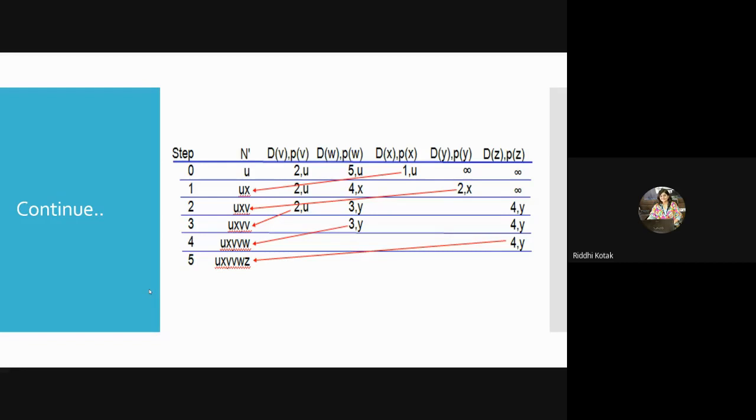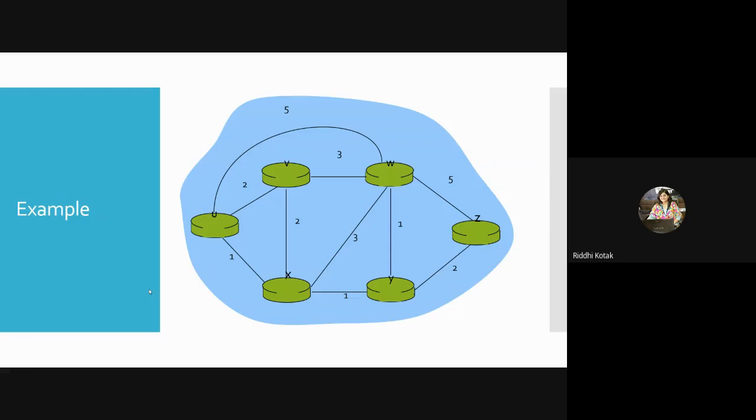So your next node is X. Add X in N dash for step number 1. Again we will check here.